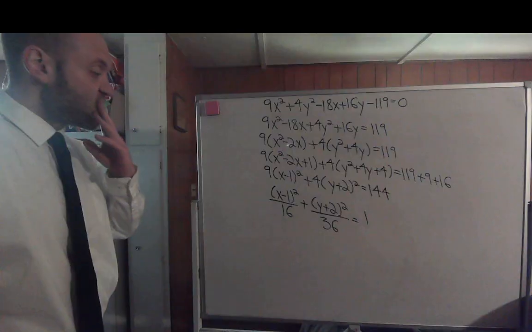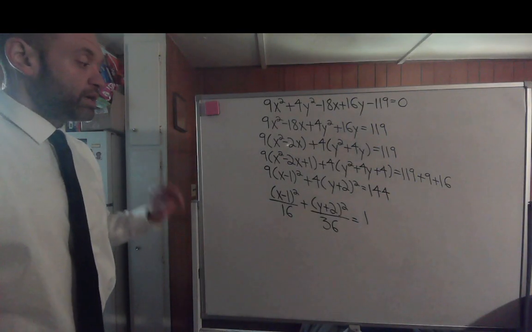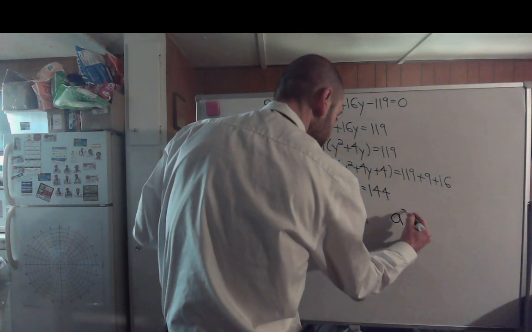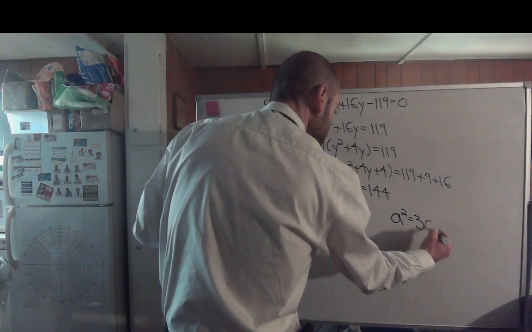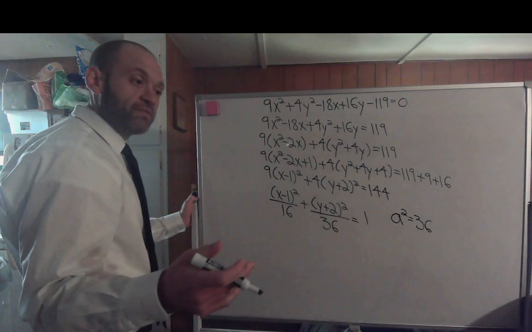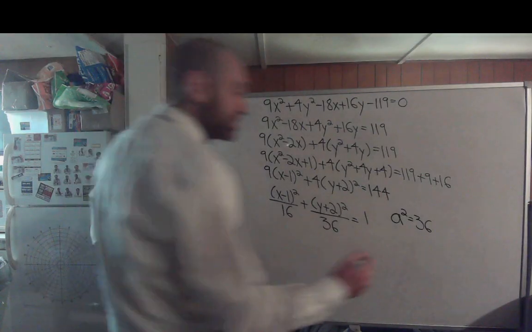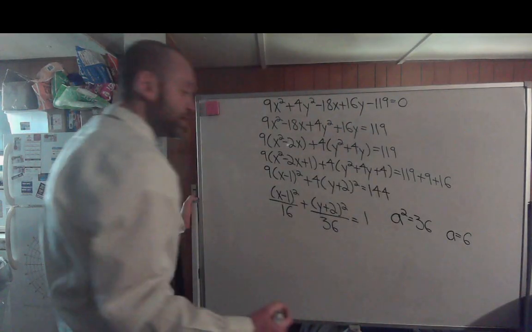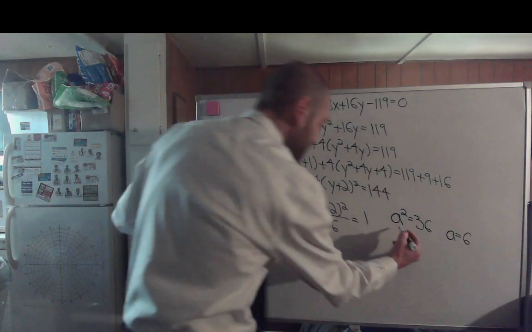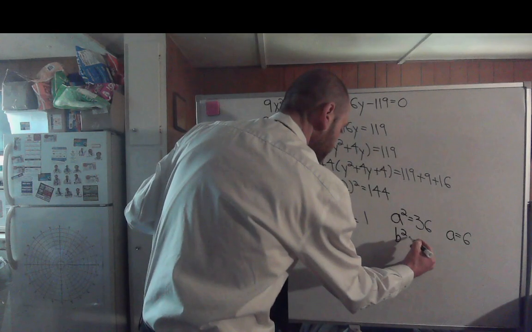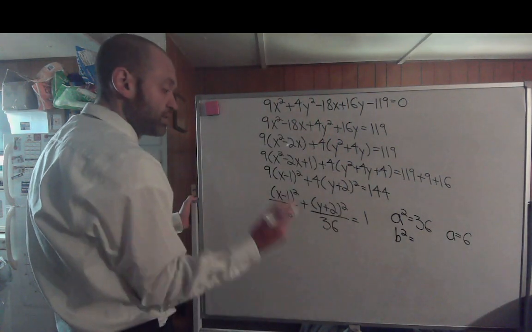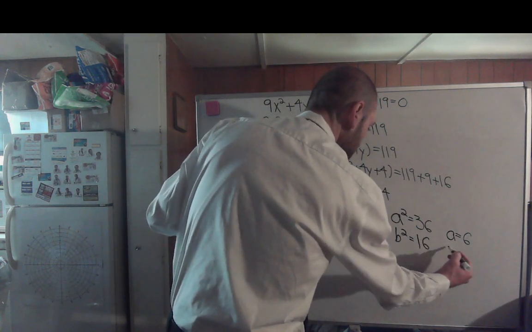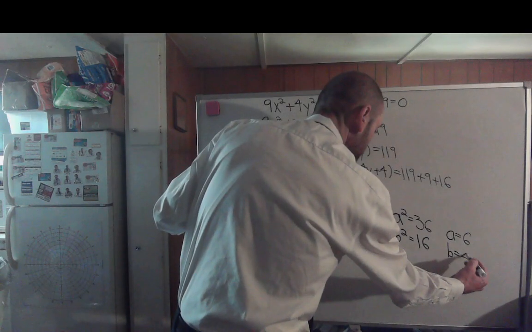Well, we know our a squared is 36, and since we're only considering the positive values because the eccentricity is always positive, that means a is going to equal 6. Our b squared is 16, and again, we're only considering the positive values here, so that means b would equal 4.